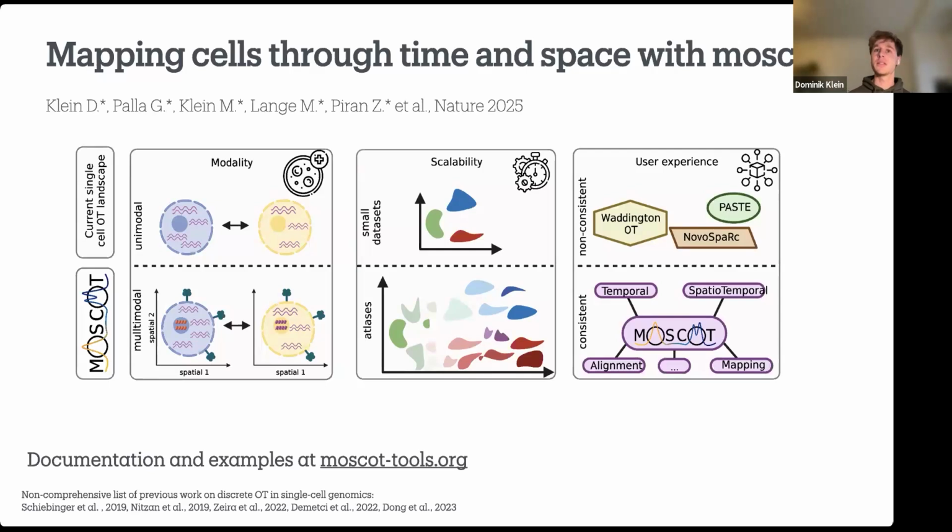I'm going to talk about how we do that in a second. And finally, we provide a user interface which single-cell biologists are familiar with, which is closely tied to the scverse ecosystem, a community which collects tools and tries to make everything as accessible as possible.